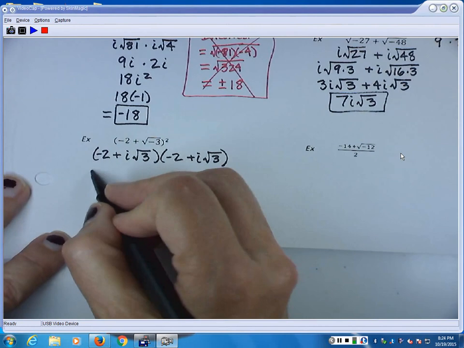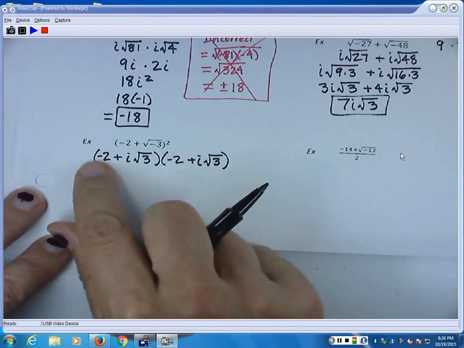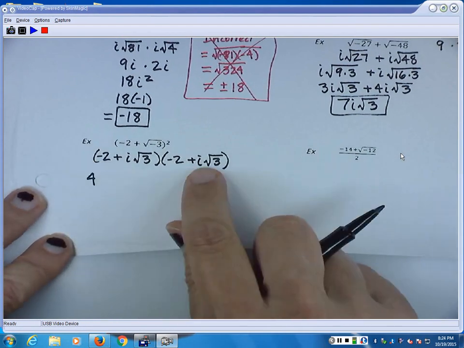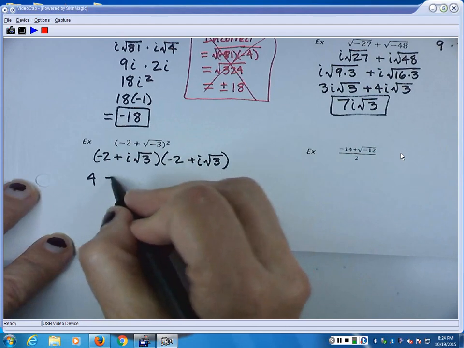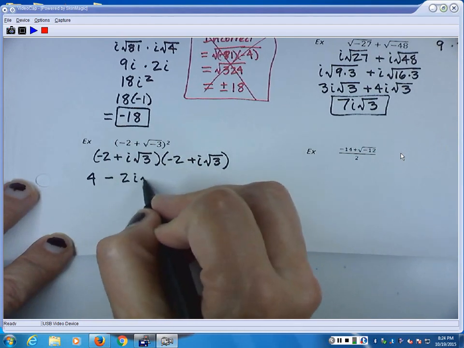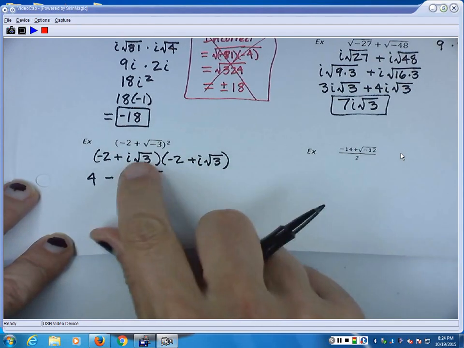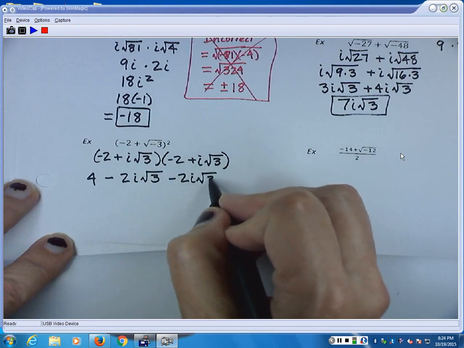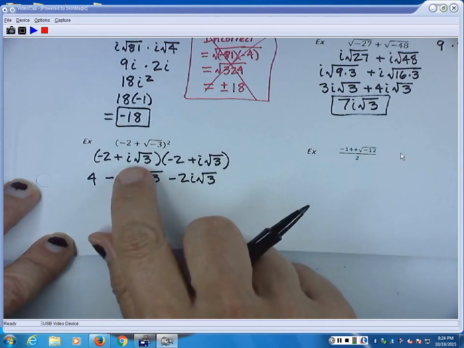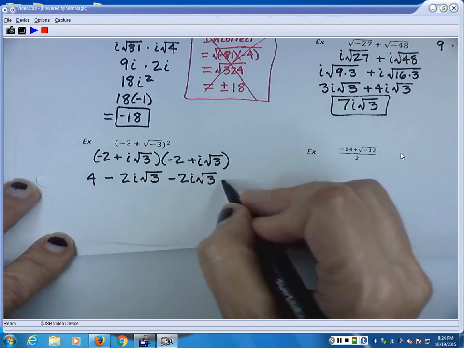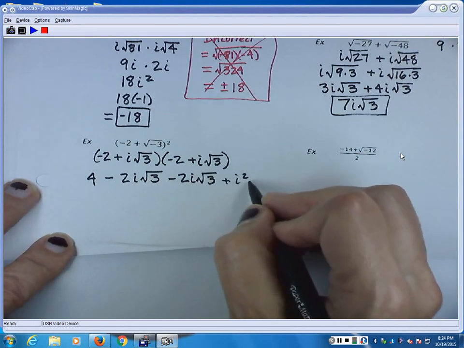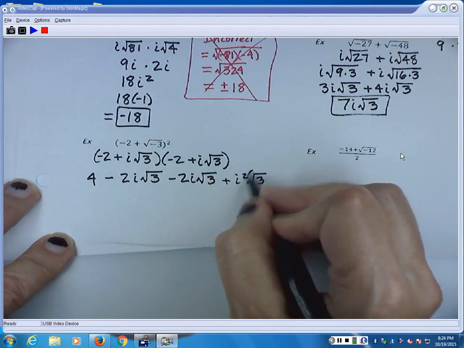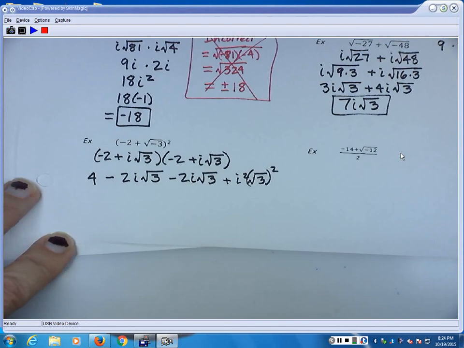That's 4. Then you do the outer term. -2 times i square root of 3 is -2i square root of 3. Inner term is -2i square root of 3 again. Last term is plus i squared and square root of 3 squared.